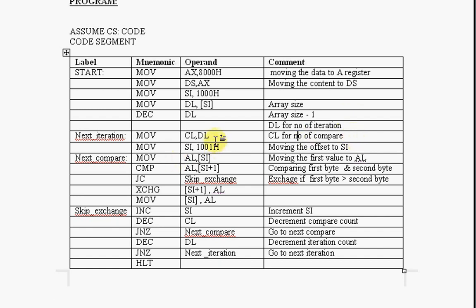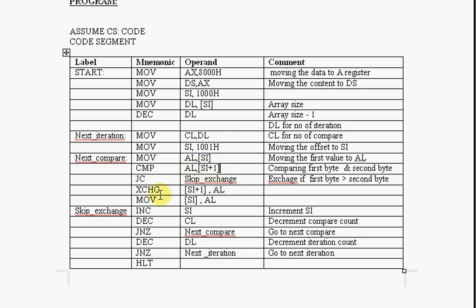Correct? Yeah, good. Now 1001 is initialized to SI and the data is copied to AL. You are going to compare the AL content, which is coming from 1001, with 1002. SI is 1001 and of course this is 1002, so the first data and second data are being compared.